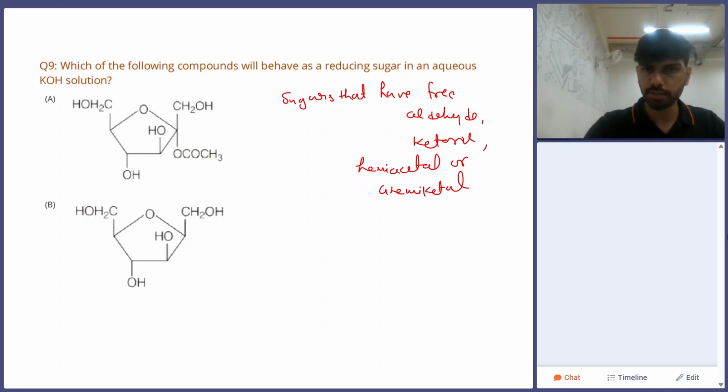These sugars are classified as reducing sugars. So here option A is correct.